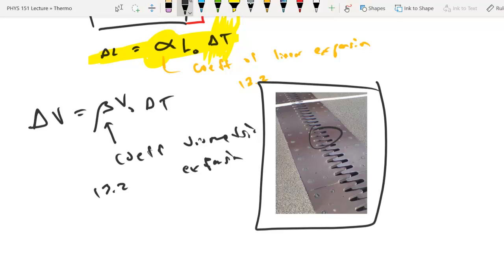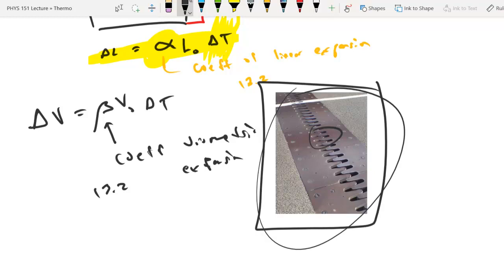You don't want it to expand against whatever's holding it up, right? Which is going to make the road break or the bridge break or something like that. So oftentimes you see these kind of over bridges, and these are called expansion joints to deal with the expansion that happens when it heats up, relative to being cold.